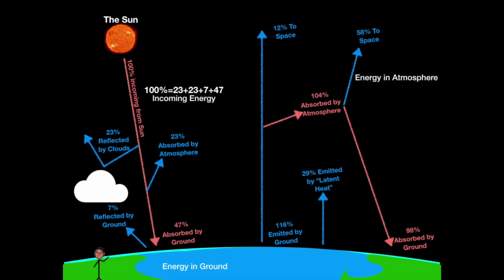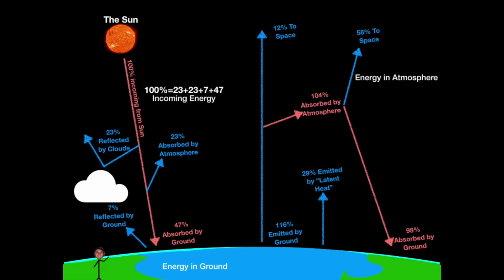Now, as I get my paycheck, that money is going to be spent in different places like my bills or my food or gas in my car or whatever. In terms of Earth, that 100% is spent by reflecting by the clouds, 23 absorbed by the atmosphere, 7 reflected by the ground, and 47 absorbed by the ground.